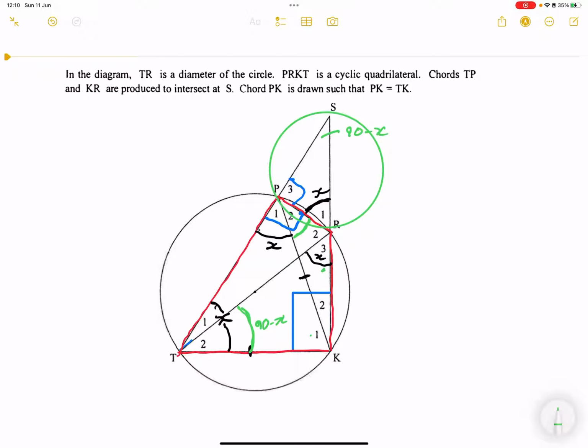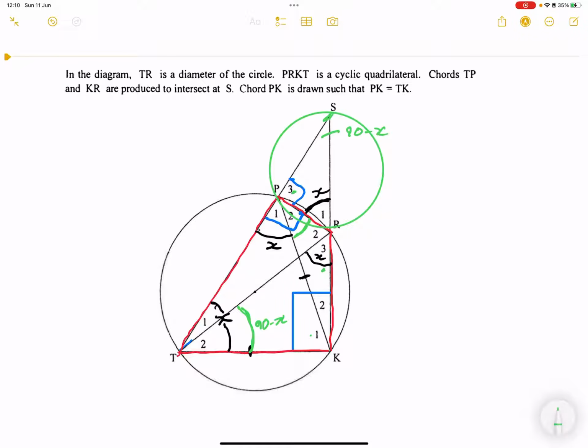Yeah, it's not really the nicest drawing of a circle, but in this case, with S touching that circumference there. So to prove that SR is a diameter, all we need to prove is that P3 is equal to 90. We've already done that, ladies and gents.